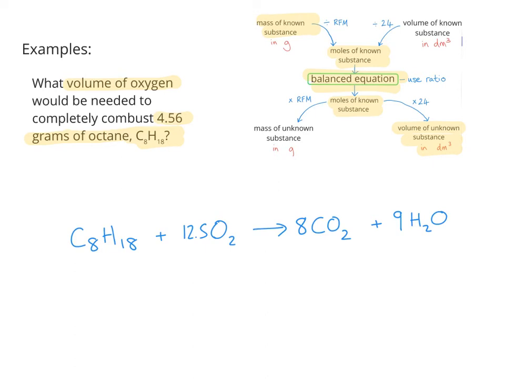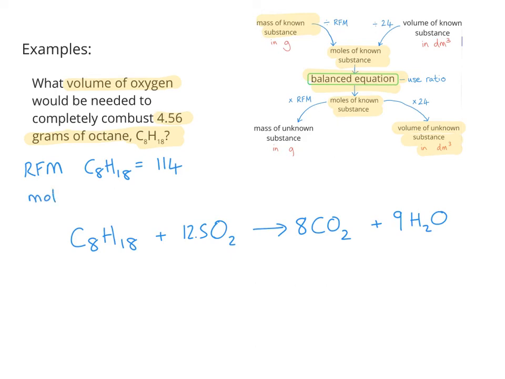Okay, so we've got a mass in grams, 4.56 grams, and we've got octane. We need to work out the RFM of octane, C8H18. That's my first step because I've got a mass in grams. So putting it in, 8 times 12 plus 18 gives me an RFM of 114.